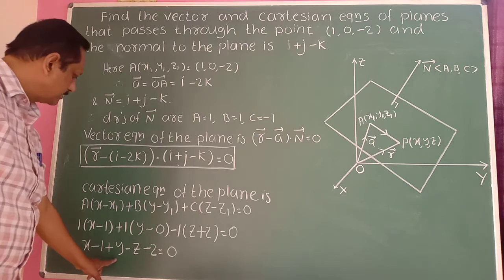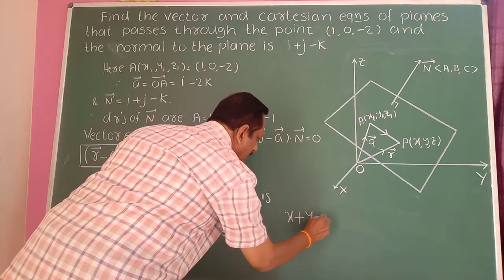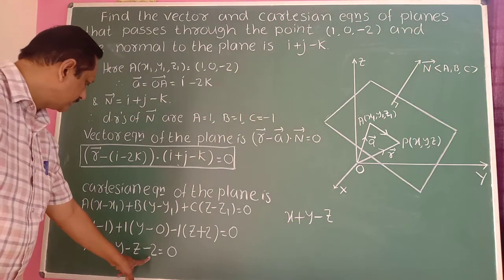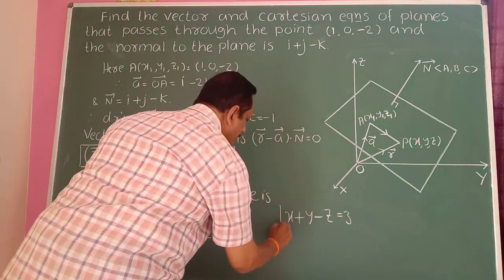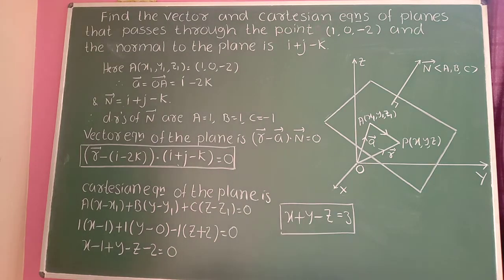So x + y − z, −1 − 2 is −3, take −3 to the right hand side, it becomes +3. So this is the Cartesian equation of the plane.